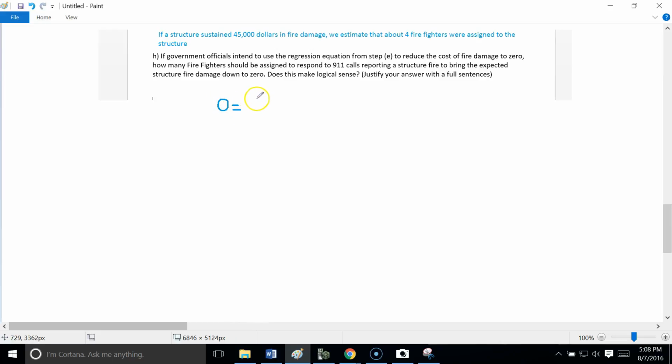0 equals 4.8158x plus 27.6032. And now again, we use our awesome algebra magic to solve for x. We subtract 27.6032 from both sides of the equal sign and divide.